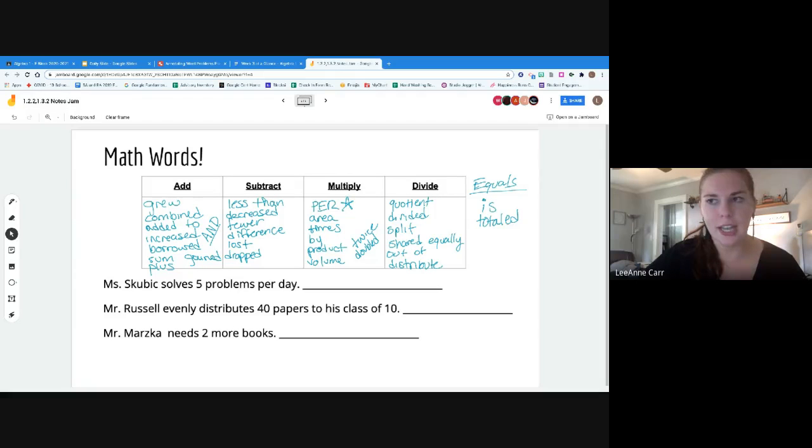We could have costs. Oh yeah, R is an equal word. And then I was going to take some questions.